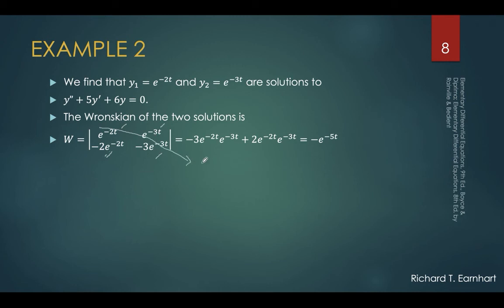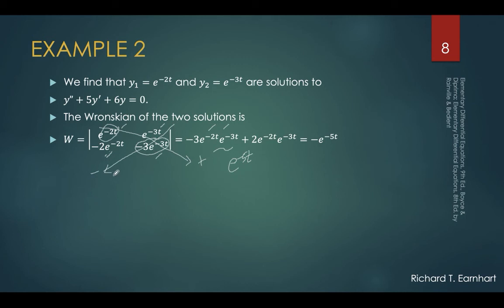We take this diagonal as positive, and from the right down to the left, we take that as negative. So e to the negative 2t times negative 3 e to the negative 3t, we multiply, and this is negative 3 e to the negative 5t.